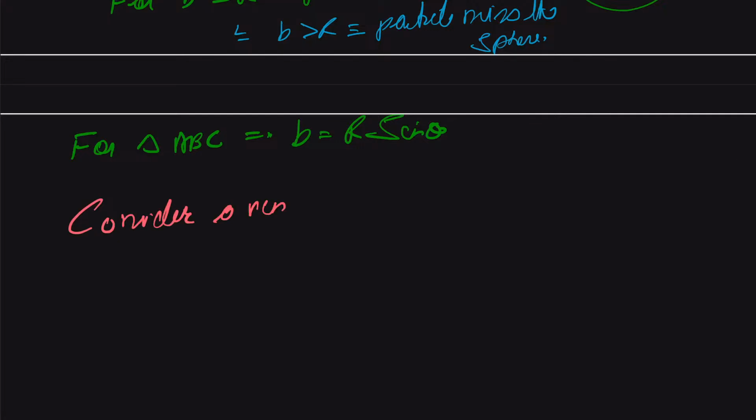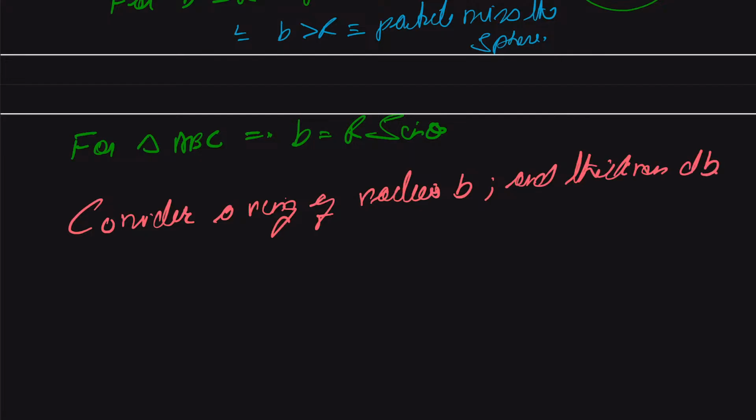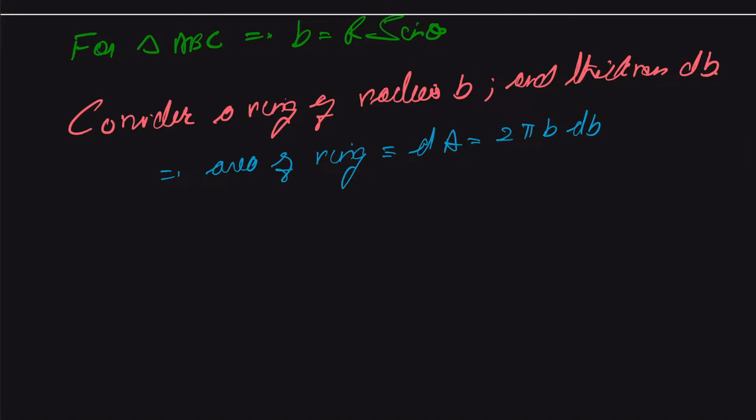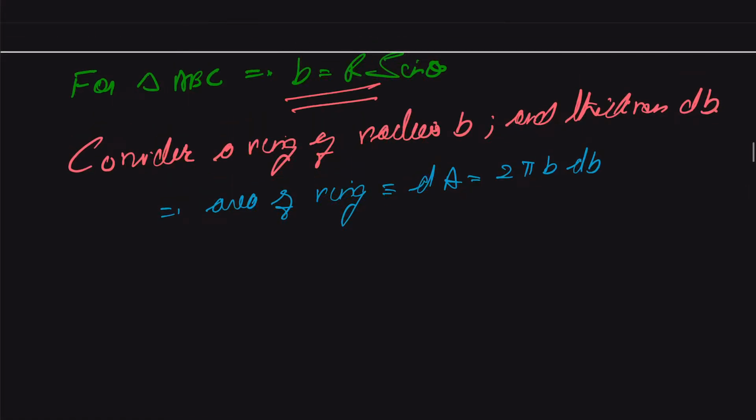Therefore, the area of the ring, dA, will be equal to 2 pi b times db. And we already know that b is equal to R sine of theta.